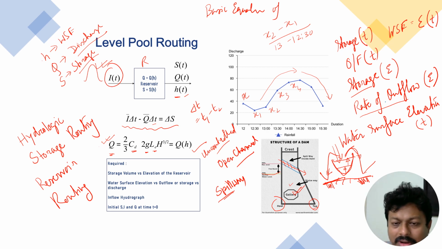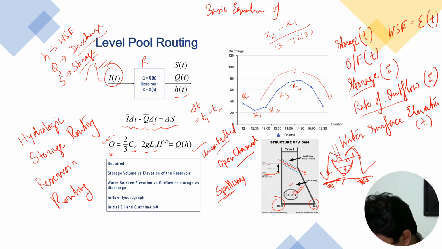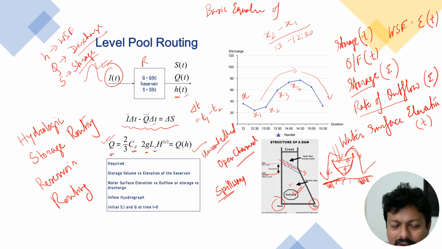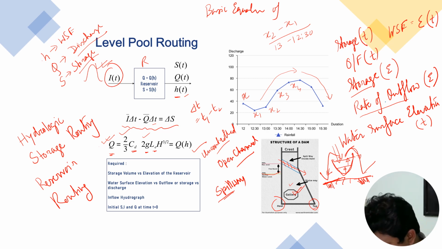So that spillway will also have some head. With the head over the spillway, the effective length of the spillway crest, acceleration due to gravity, and this coefficient of discharge along with this 2/3 and 2, we will estimate the discharge, which is a function of water surface elevation H or water level.